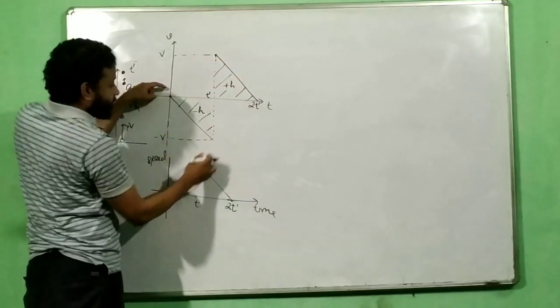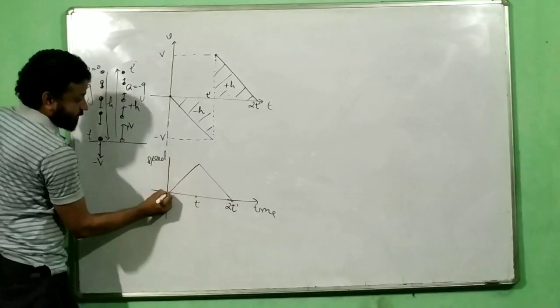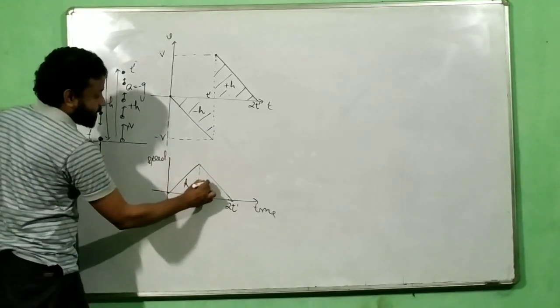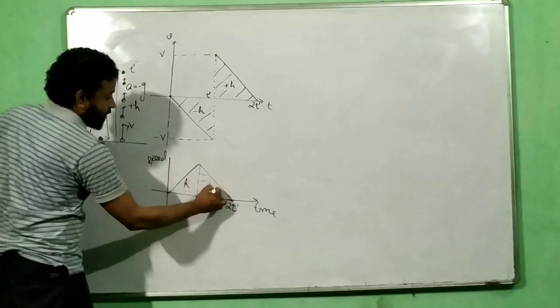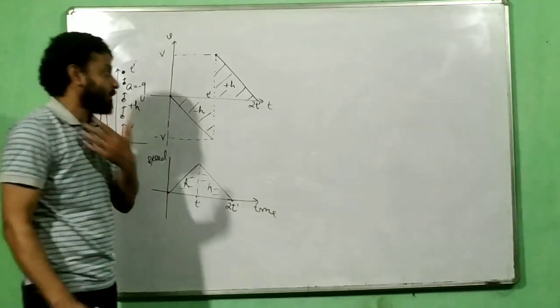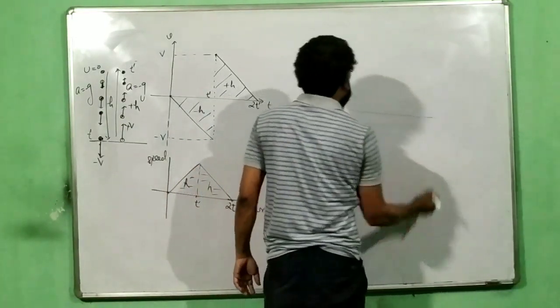This part, the positive part will remain as it is, and the negative part, mirror image of this looks like this. Starting from 0, and you have this as plus h, this as plus h. Two areas, plus h, so total distance traveled is 2h. How does the displacement time graph look like?